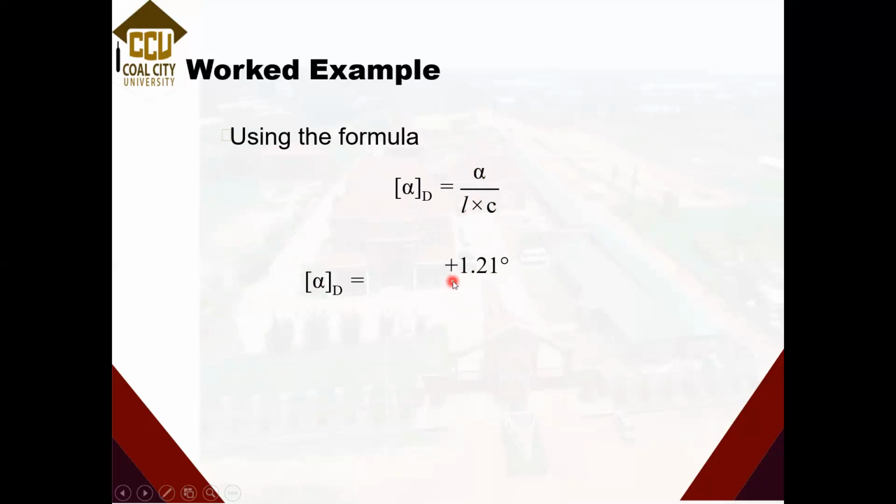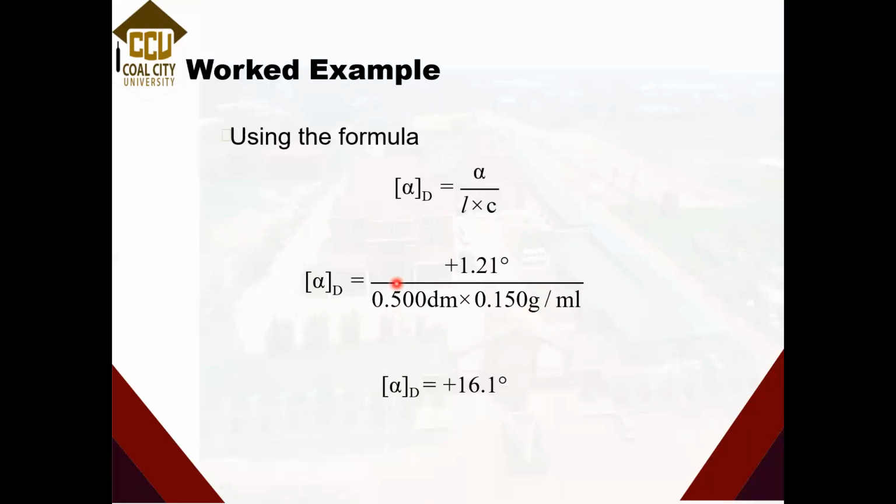If it were to be negative, I'd be given that in the question. So it is plus, and then I'll divide that by my length, which is 0.500 dm, times my concentration, 0.150 gram per mL. These units are very important for you to arrive at the correct answer. My specific rotation for this question is plus 16.1 degrees.